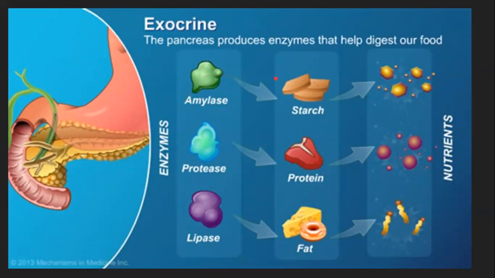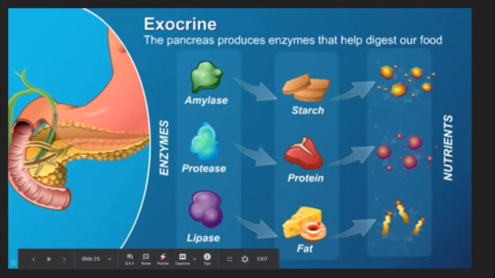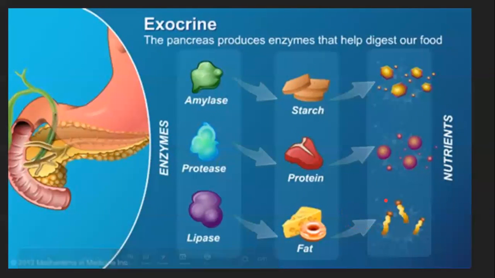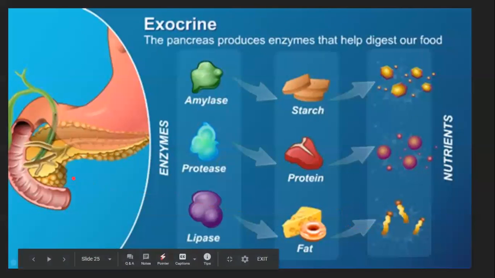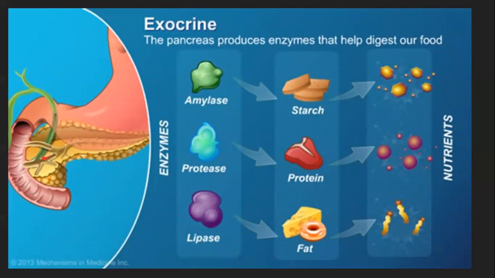You have enzymes that digest carbohydrates, enzymes that digest protein, and enzymes that digest fat and break down fat. So the pancreas produces these enzymes and puts them into the intestine. Remember, the food is flowing through here in the small intestine. So if it secretes these enzymes into the intestine, it's going to come into contact with all that food and start to break it down.